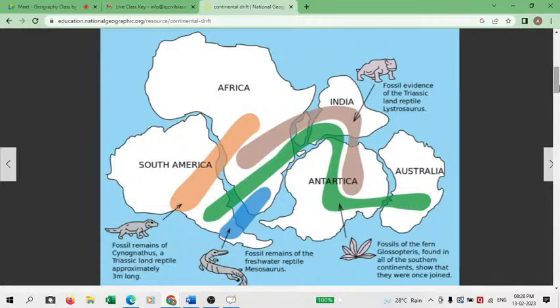Lastly, as per Wegener, how can the heavy seeds of Glossopteris float for thousands of kilometers and reach the other four continents?